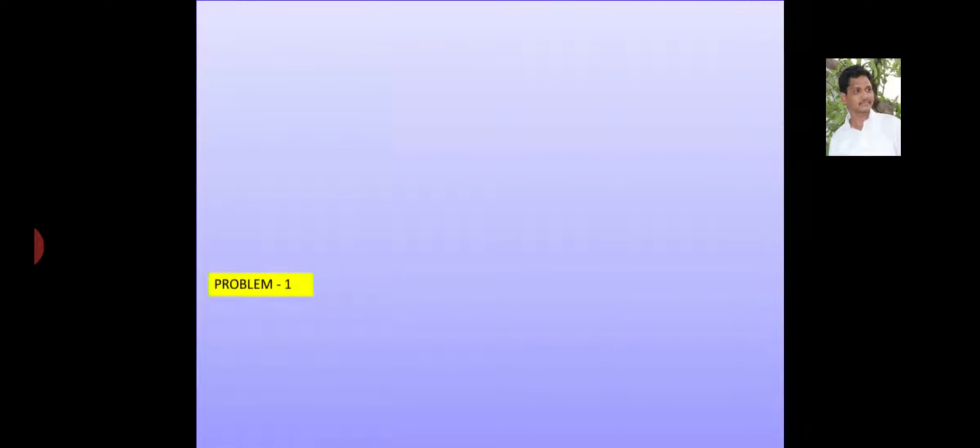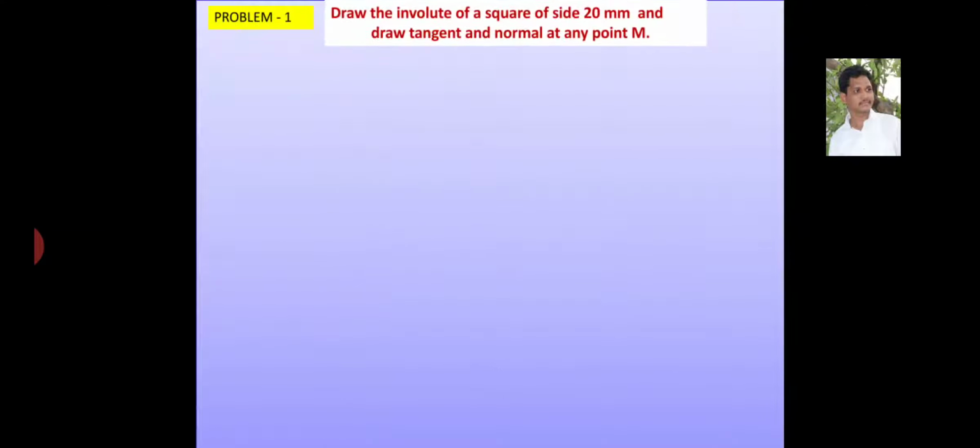Now coming to the problems. Draw the involute of a square of side 20 mm and draw tangent and normal at any point M on it. Here you have to construct the square involute. The side of the square is 20 mm.